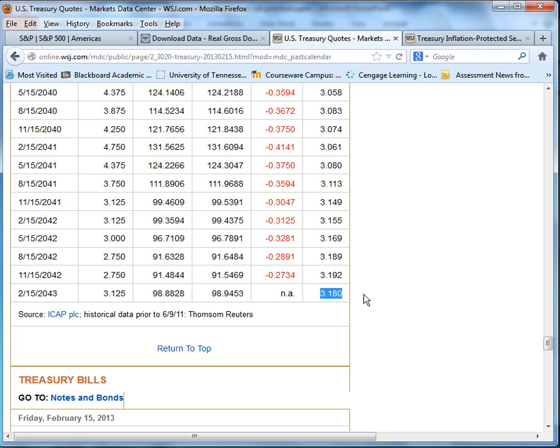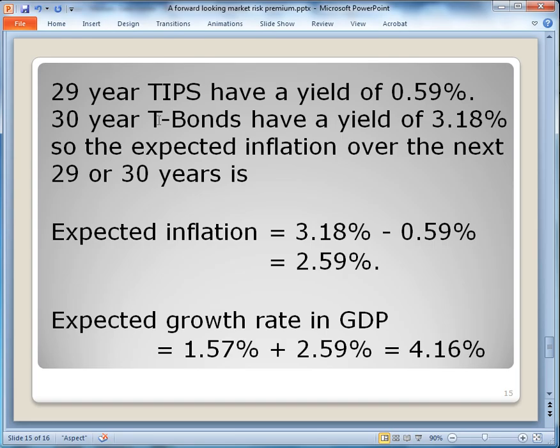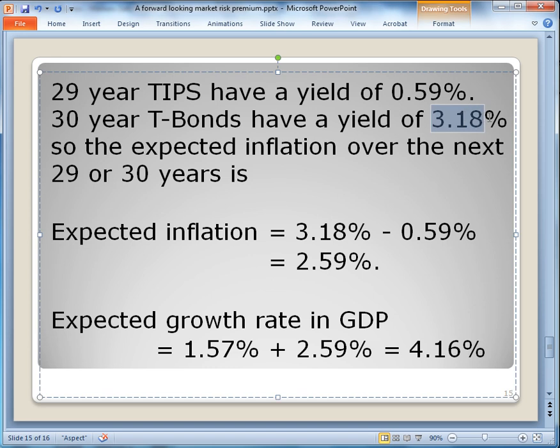So that's the nominal rate of return on a 30-year Treasury. So that's our risk-free rate, 3.180%. And notice over here, 30-year Treasury bonds have a yield of 3.180%.